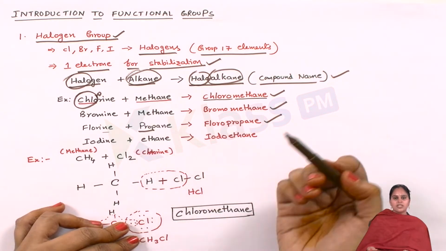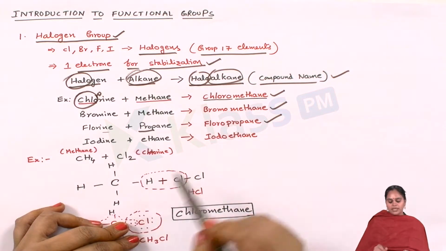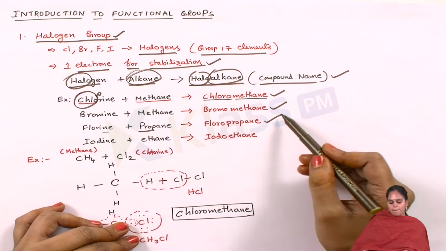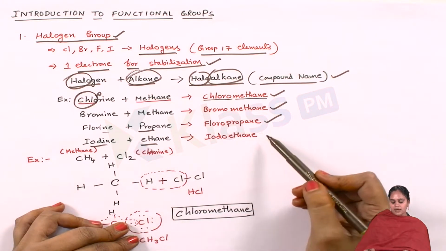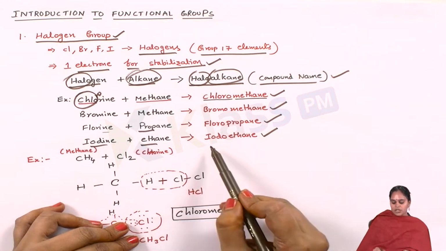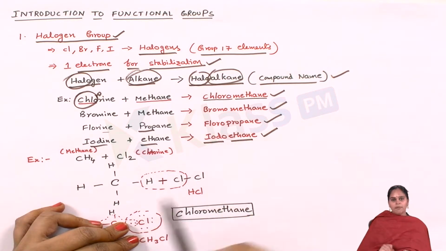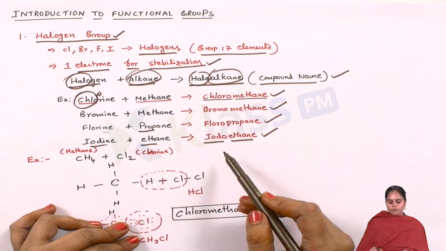Fluoropropane. Propane means, as we know, 3 carbons will be there. When it combines with fluorine, it gives the fluoropropane compound. Iodine plus ethane will give you iodoethane. You have to remember how we are giving the name for this functional group and the compound, how it is going to be formed.